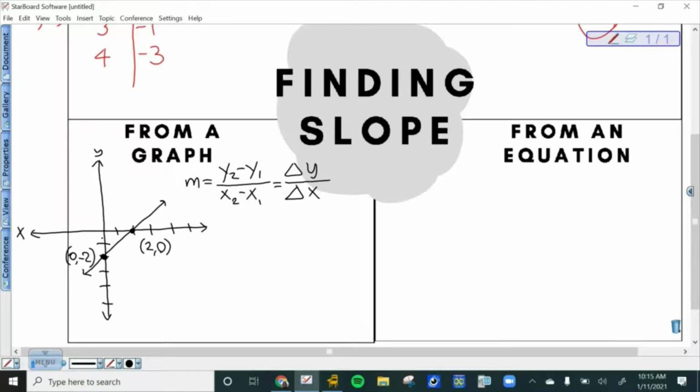The change in y is my vertical or horizontal change? Vertical, up and down. So what we do is we take a look at these 2 points on the line and we count out how much vertically we need to change to go from one point to the other. So what is this vertical change here? What does that come out to be?